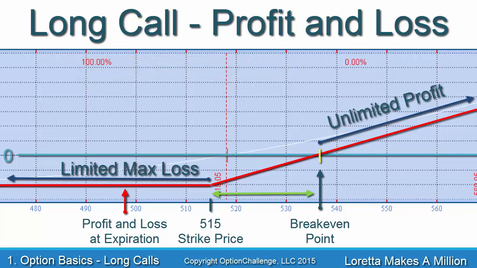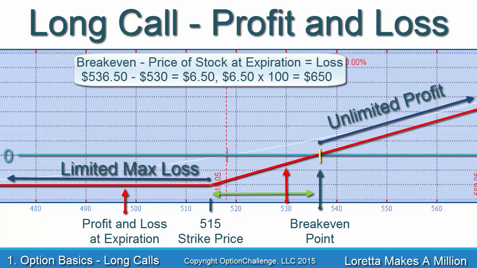What if Google ends up between the strike and the break-even point? The buyer will have a loss, but not a max loss. For example, if Google ends up at $530 at expiration, you will have a loss of $650. The loss is derived by subtracting $530, the price of Google at expiration, from $536.50, which is the break-even point.